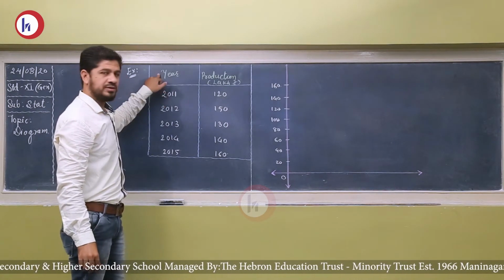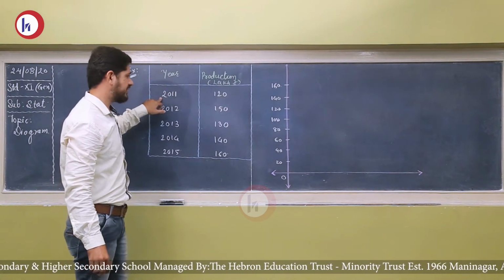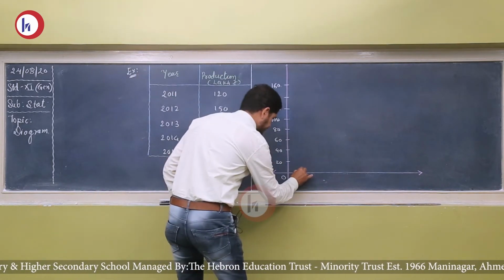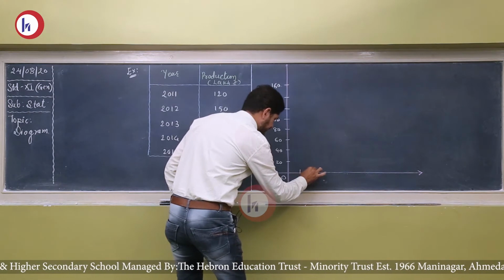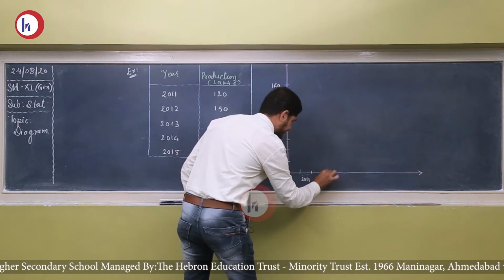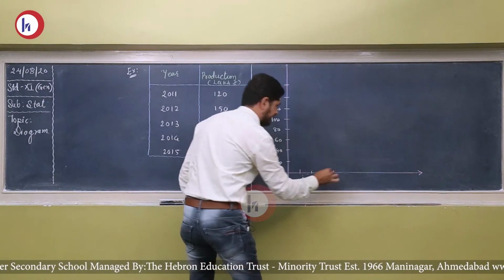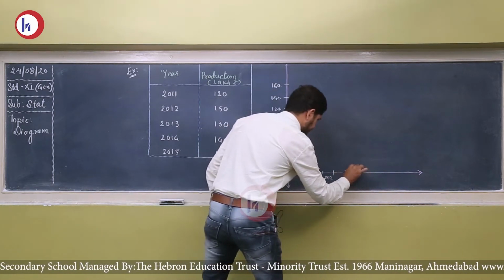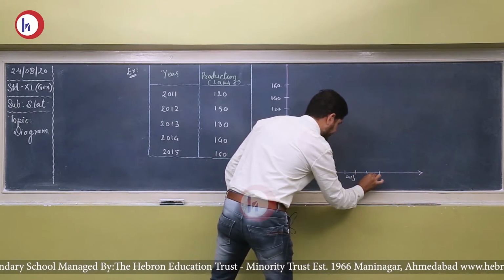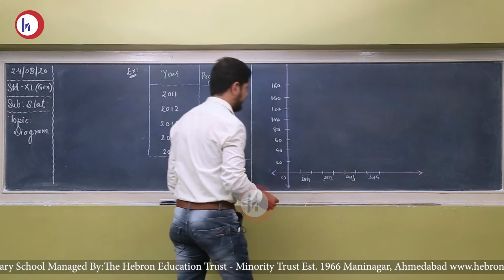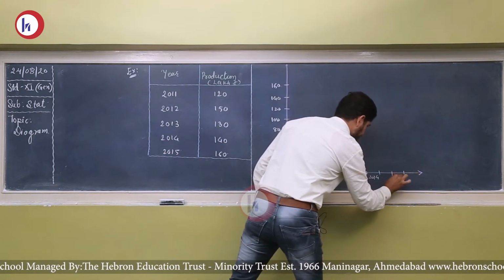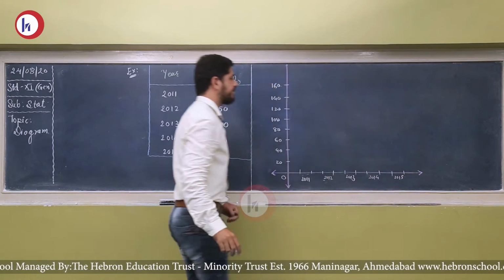Now the years on the x-axis, so 2011, 12, 13, 14 and 15. So it is 2011, 12, 13, 2014 and finally 2015.